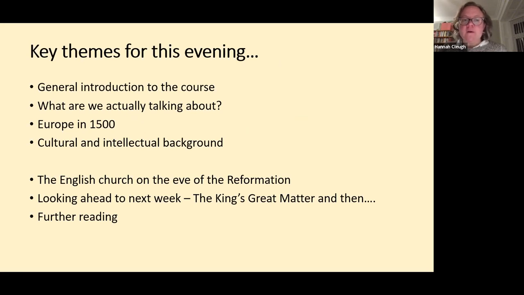So this evening, we've got a general introduction that I've outlined. There's a question that we'll keep coming back to over the coming weeks, which is what sort of church was the English church in 1500, under Henry, under Edward, under Mary, under Elizabeth, in 1630, in 1640, and so on.